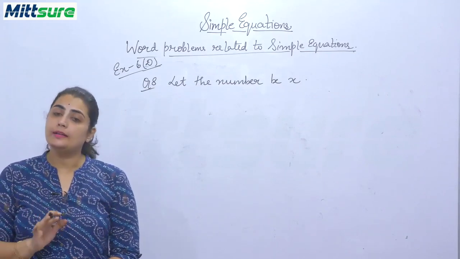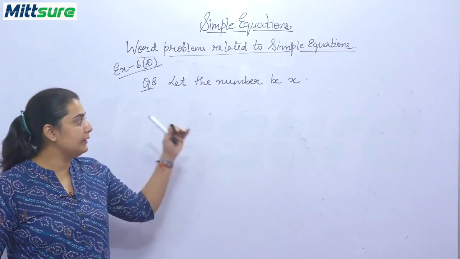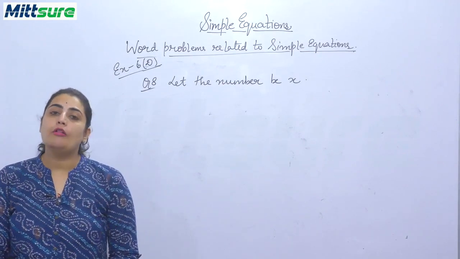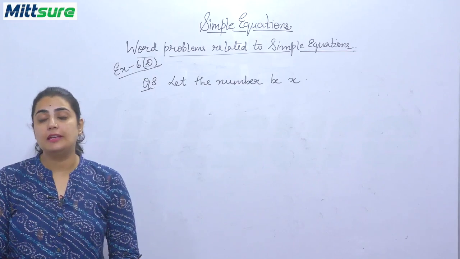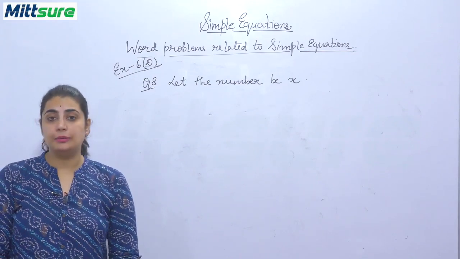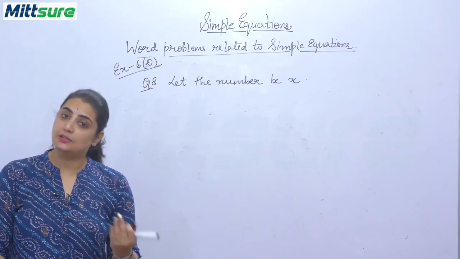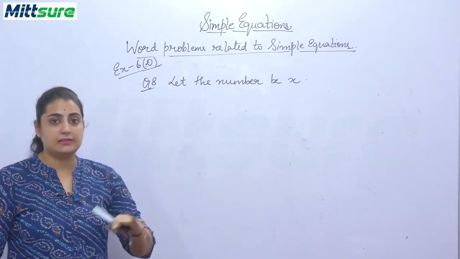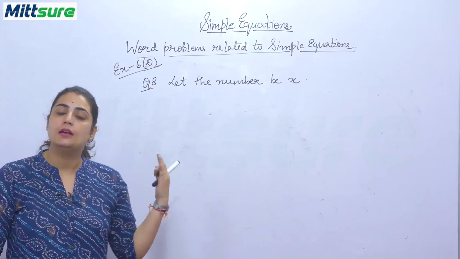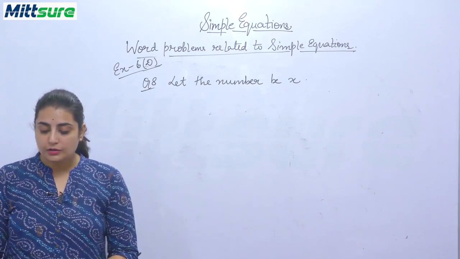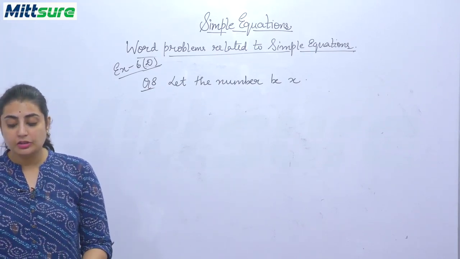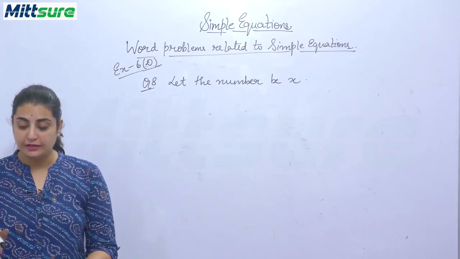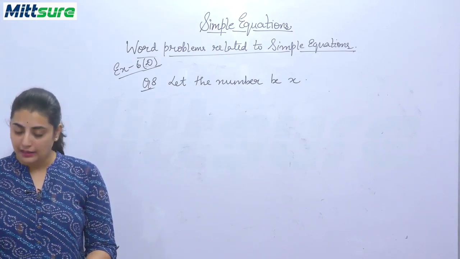It is not compulsory that you always take x to represent the variable. You can take any letter, but my favorite variable is x, so that is why I take x in every question.